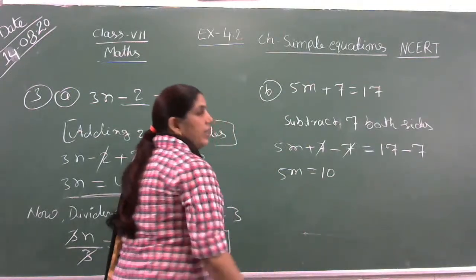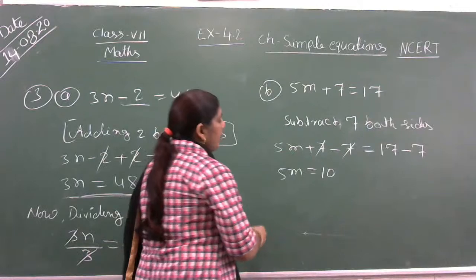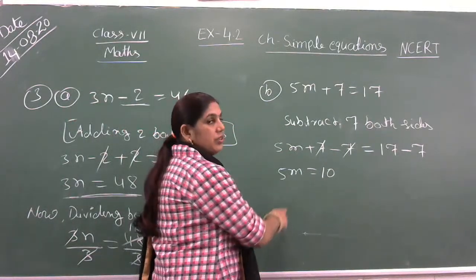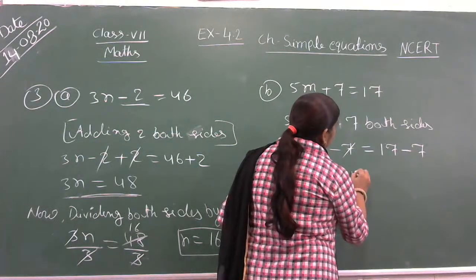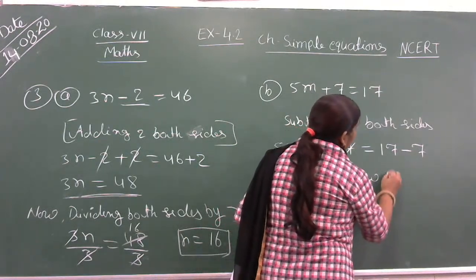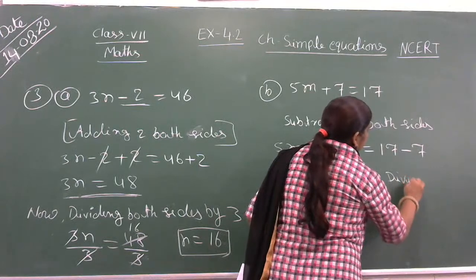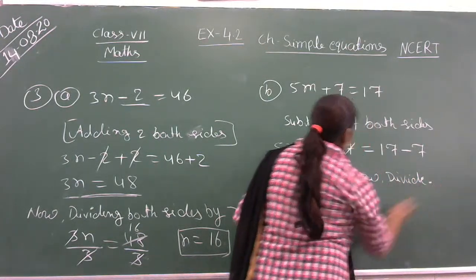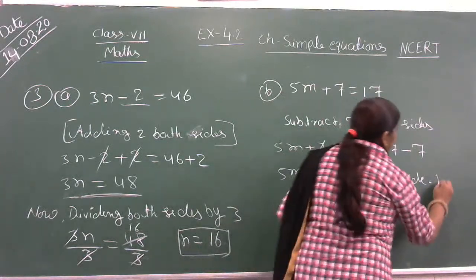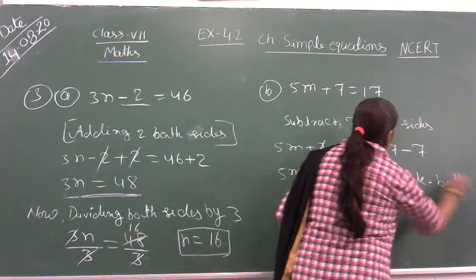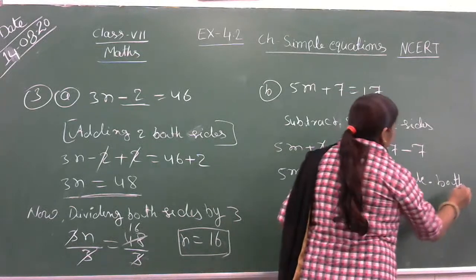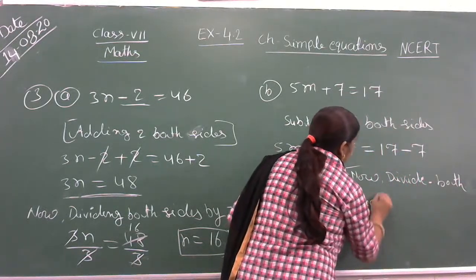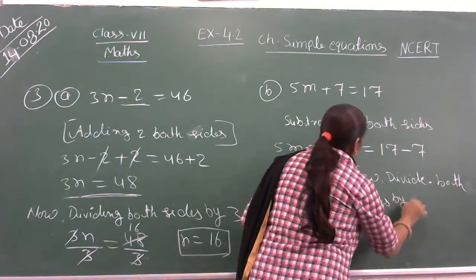Now next step, what will we do in this? Given multiplication, so now divide both sides by 5.